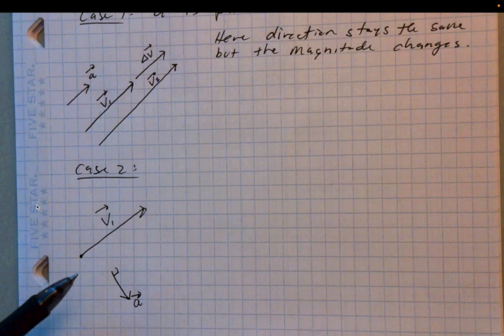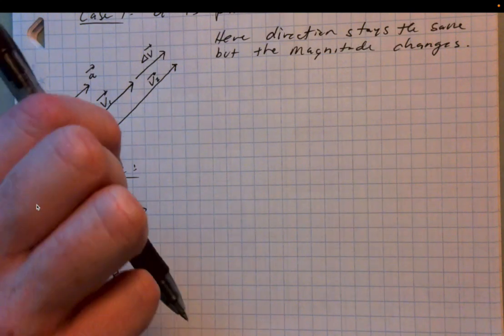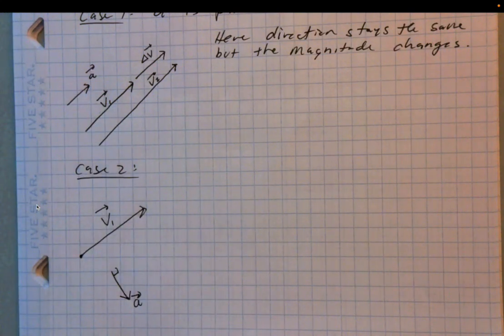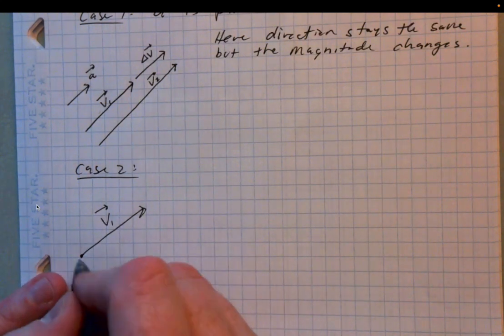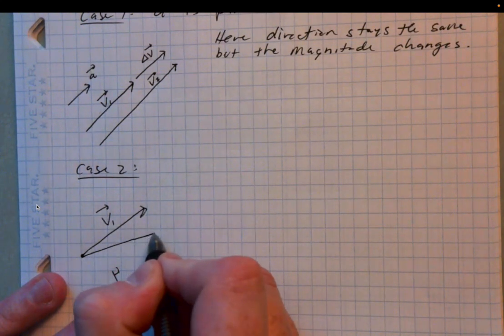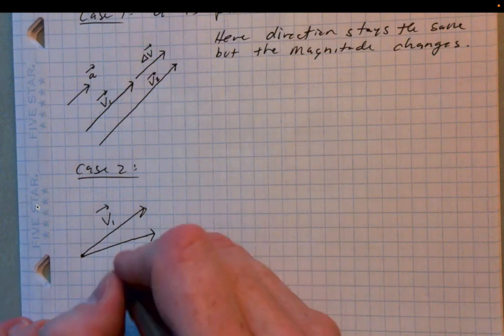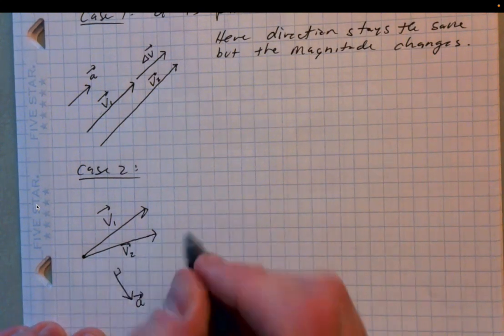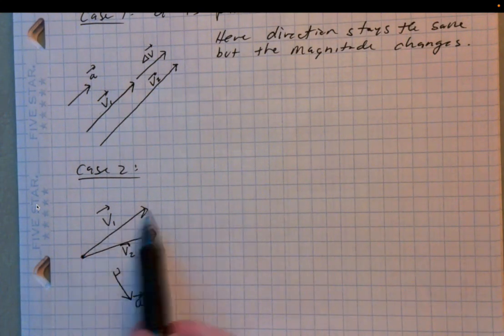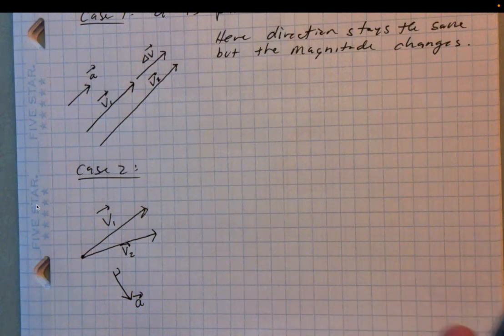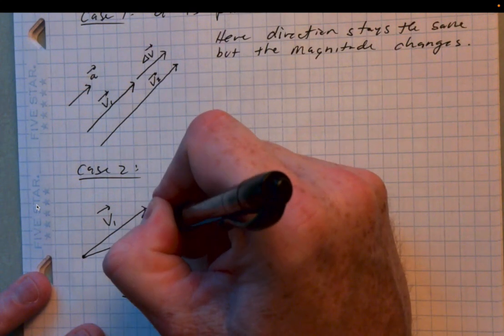So if the velocity is in this direction, my acceleration is in that direction. It's perpendicular, 90 degrees. And so what's going to happen is the magnitude of my velocity is not going to change. Notice V1 and V2 are drawn such that they have the same length. So my speed is not going to change. What's going to change is my direction.